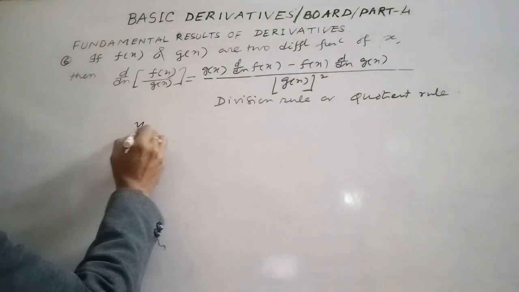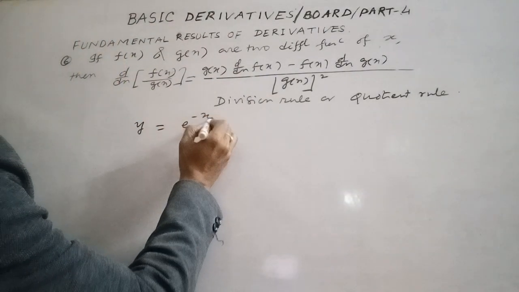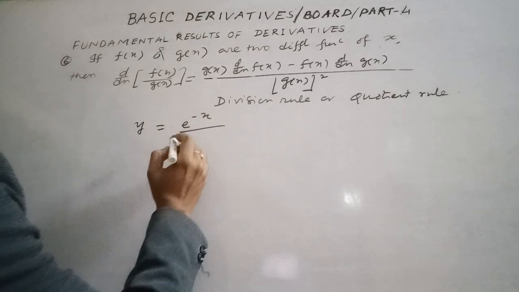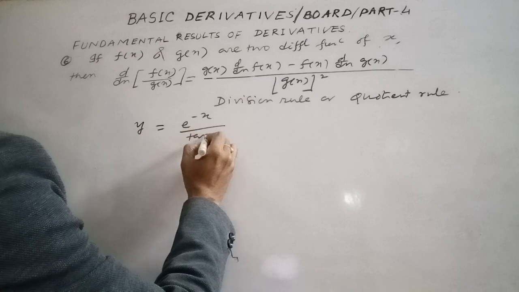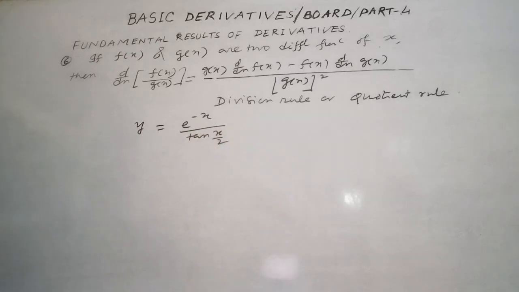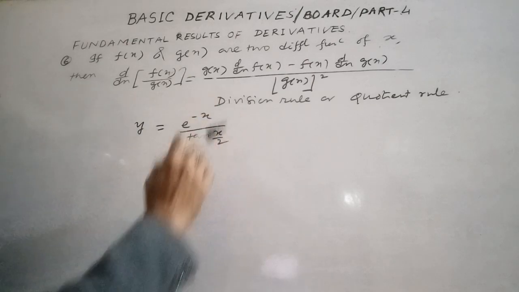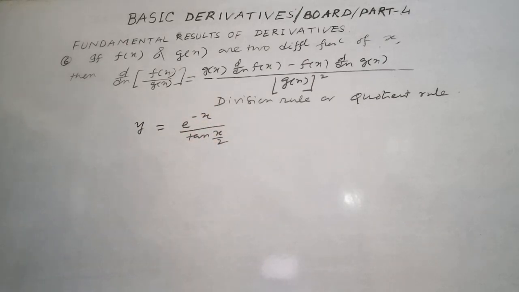So y equals to e to the power minus x by tan x by 2. So there are two functions, e to the power minus x and tan x by 2.